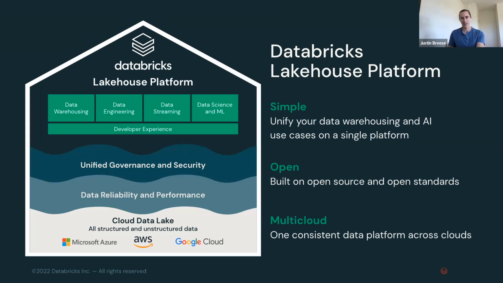I'm not here to pitch the Lakehouse. Hopefully you've heard of it, but the idea is simple: simple in terms of architecture, open in terms of being built on open source and open standards, and multi-cloud. So you can select star from a table, and it can retrieve itself from Azure, GCP, or AWS, and the underlying analyst doesn't need to know.